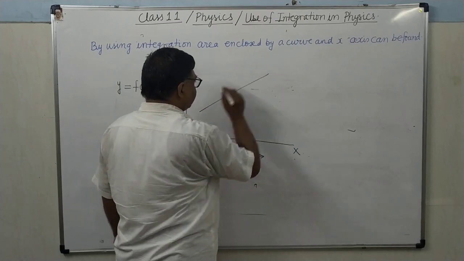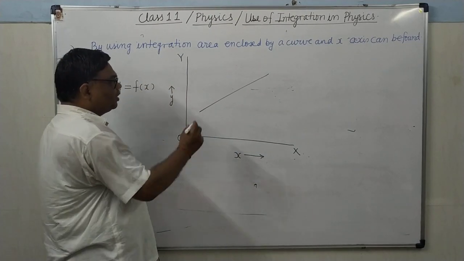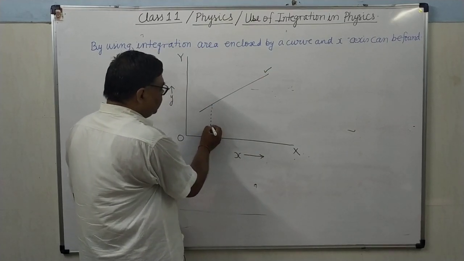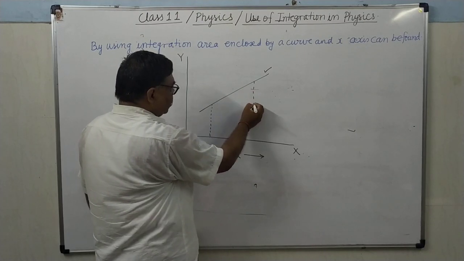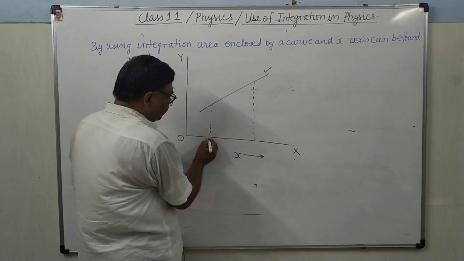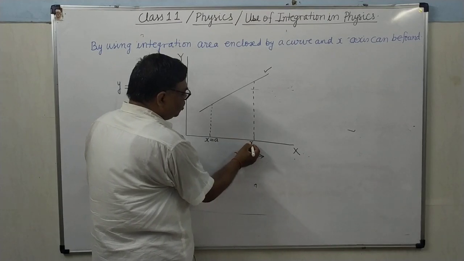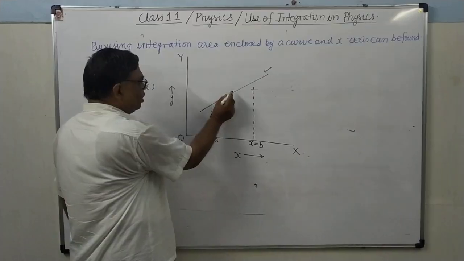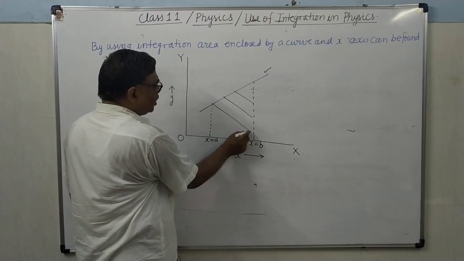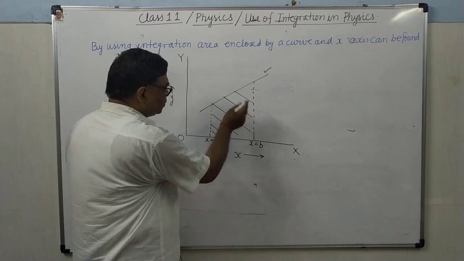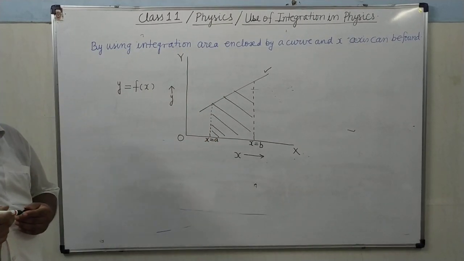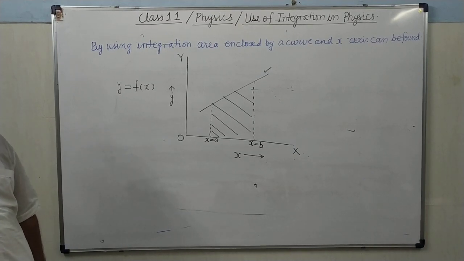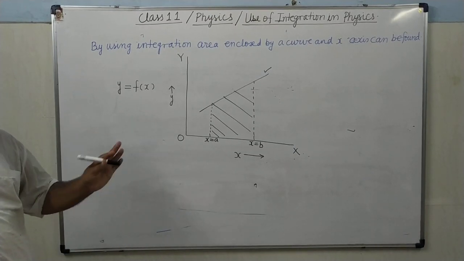Suppose this is the curve, and you have to find the area enclosed by this curve and x-axis in between x equals to a to x equals to b. It is very simple to calculate this area by using a formula, because it is a regular type of diagram. What is this diagram? It is a trapezium.